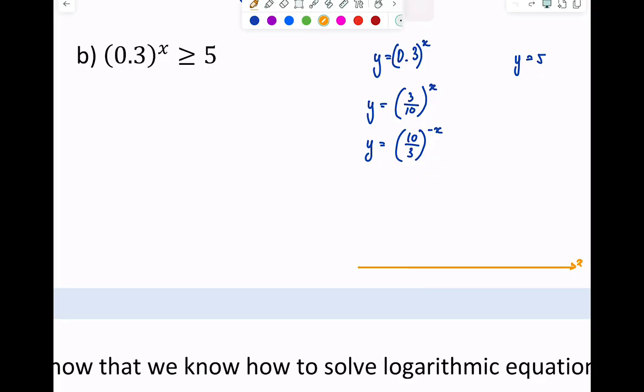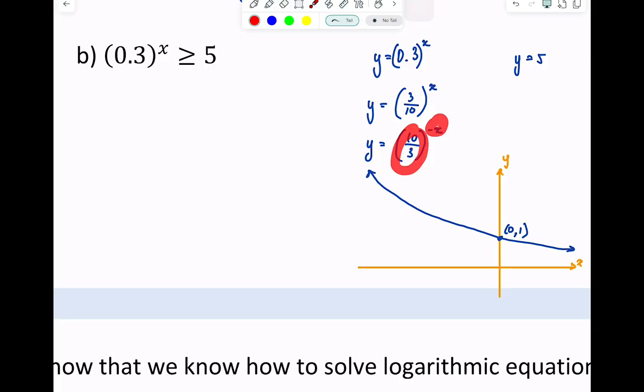I might put this axis over here actually. And our graph is going to look more or less the same as our previous example, with a y-intercept of 0, 1. If you're unsure about why it's 0, 1, if you want to find the y-intercept, let x equals 0. So anything to the power of 0, this 10 over 3 to the power of 0 is equal to 1.